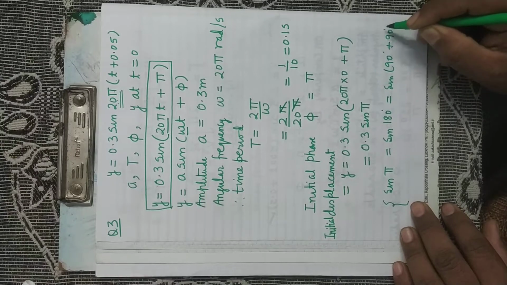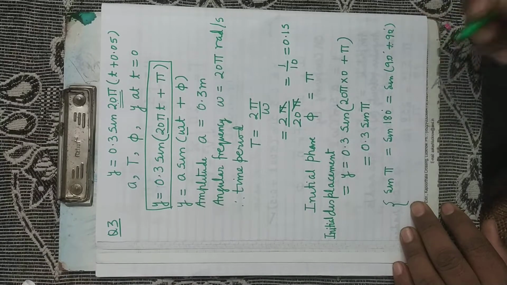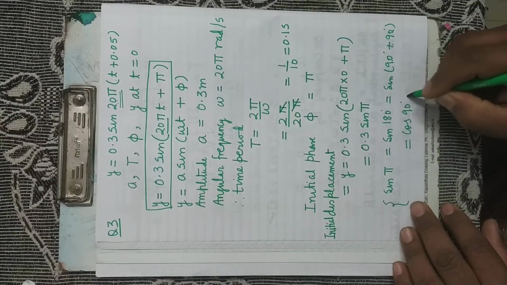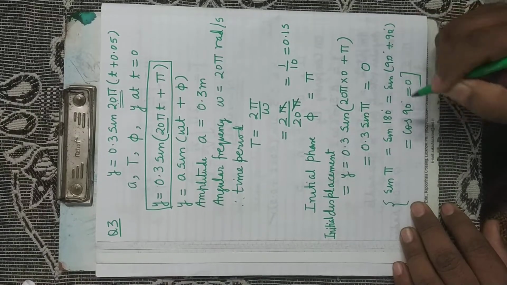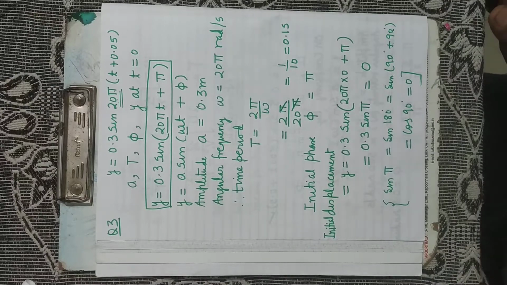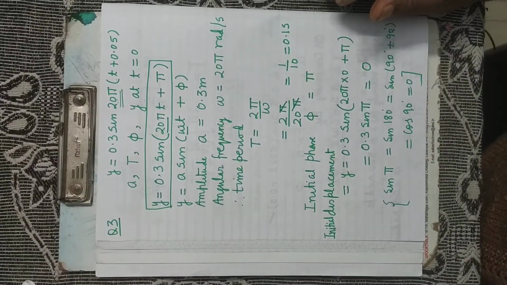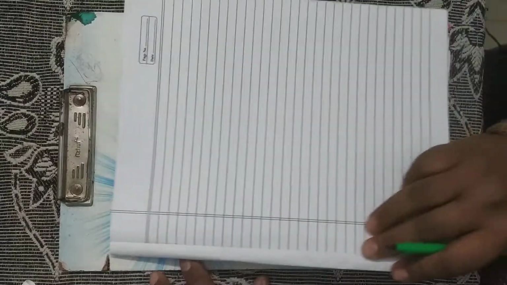And what is the formula of sine 90 plus theta? It is cos theta, that equals cos 90, and cos 90 is 0. It is clear? So it will become 0. Initial displacement will become 0. You can find this from the calculator also. It is clear? Now see here. See the question number 4.